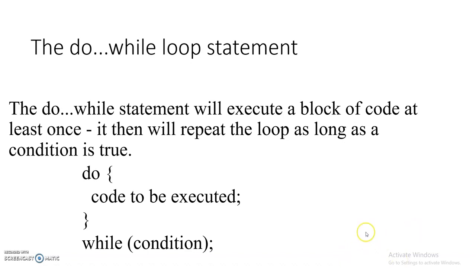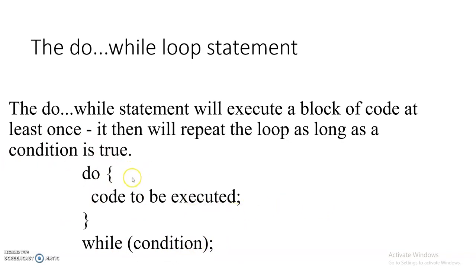First it executes the code to be executed. After executing the block of statements in the body, it checks the condition, and while the condition is true, it repeats the loop.